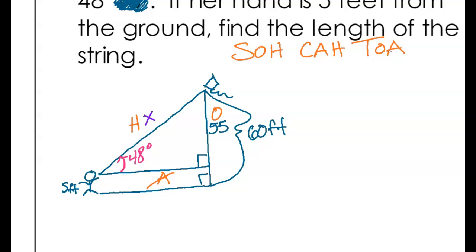Yeah, sine, right? We have O and H. That S tells us we're using sine of theta. Second letter is O, and third letter is H. Our theta here is 48, our O is 55, and our H is X. What do we do to solve for X?